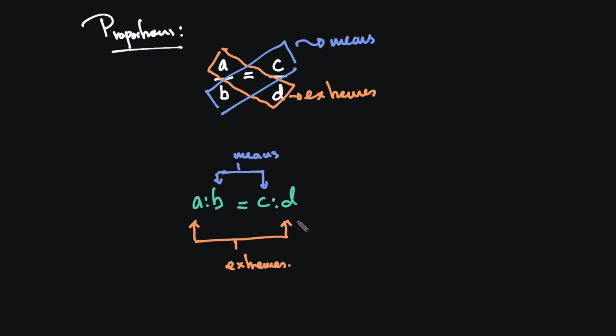Okay, we can come up with a property from this. That property is called the means extremes property. It's also known as the cross product property sometimes.